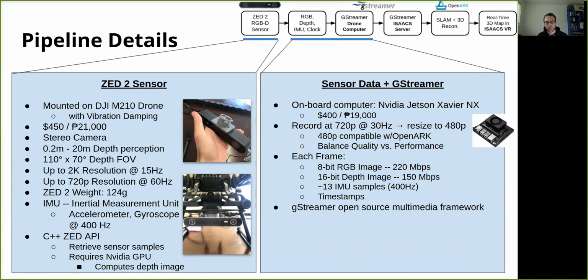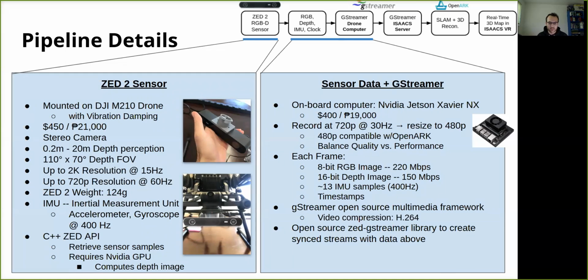Then we use GStreamer, which is an open source multimedia framework. It has video compression, which is very useful. And ZED even comes with the ZED GStreamer library to create synced up streams with our data.